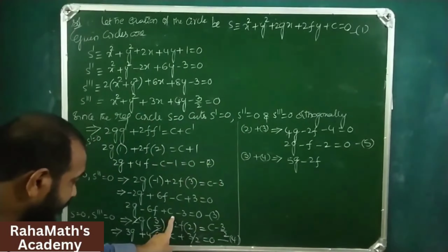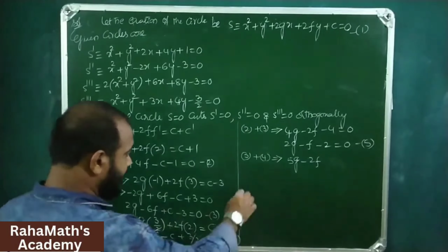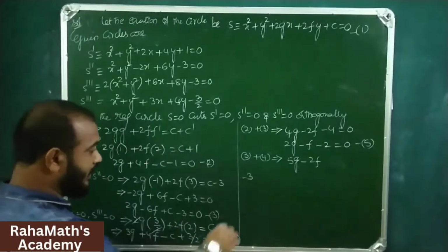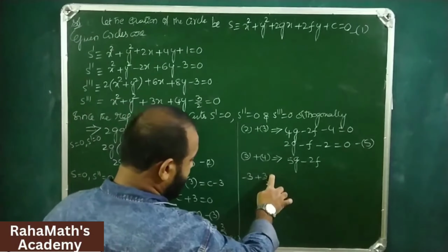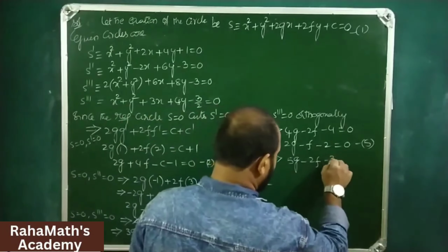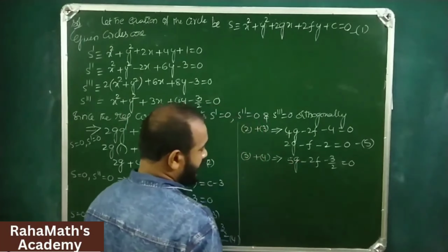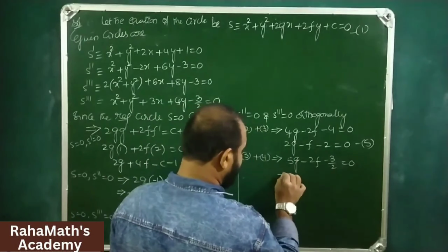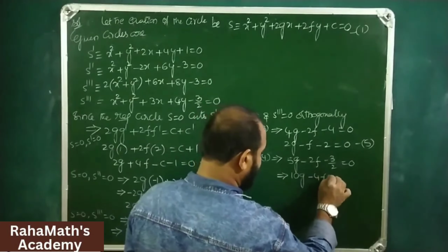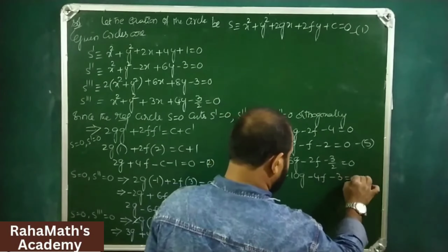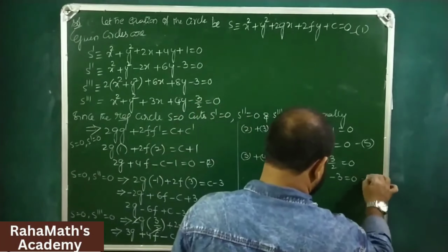So here plus C minus C gets cancelled. Here minus 3 plus 3 by 2. So minus 6 plus 3 over 2 is minus 3 by 2 equals 0. If I take 2 as LCM, then 2 fives are 10G minus 2 twos are 4F minus 3 equals 0. Let us take this to be the sixth equation.